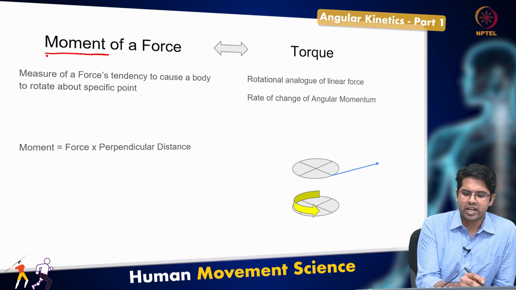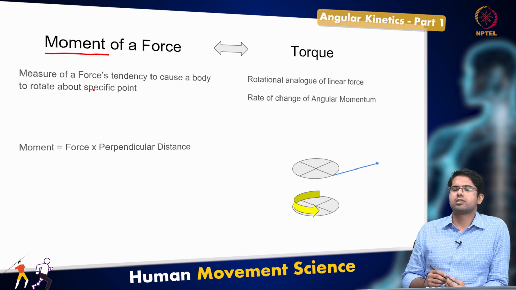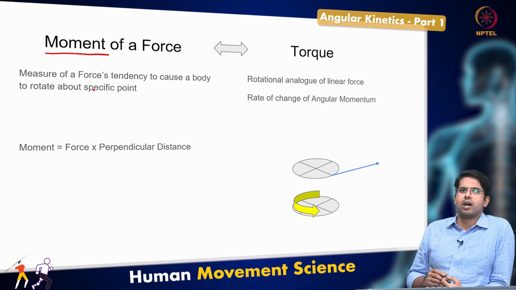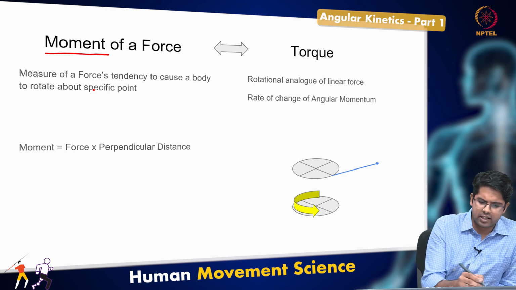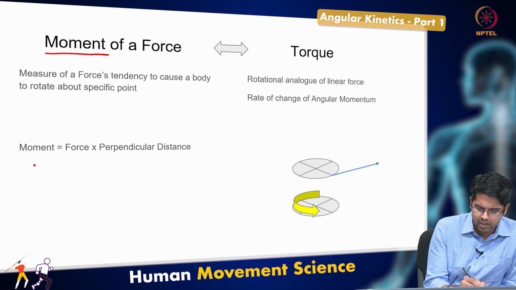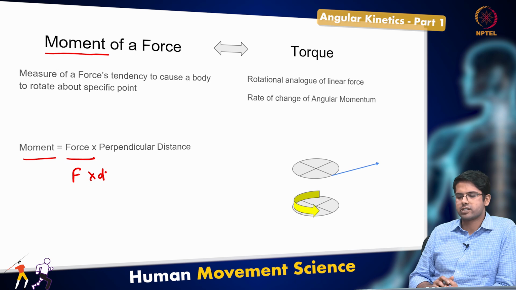So the moment of a force is the measure of the force's tendency to cause a body to rotate about a specific point. And this is measured as force times the perpendicular distance between the point and the line of force.